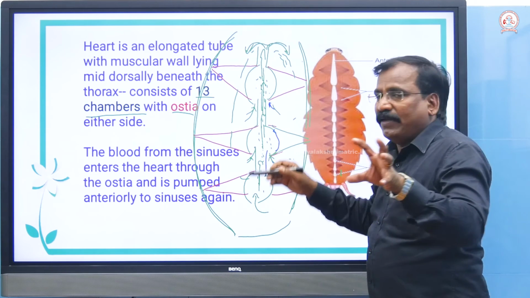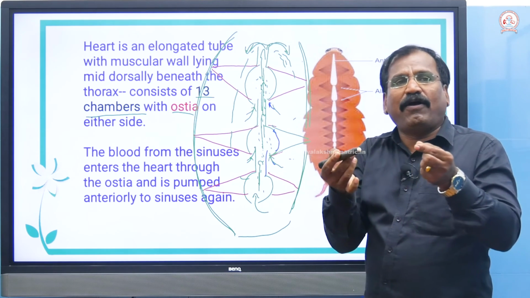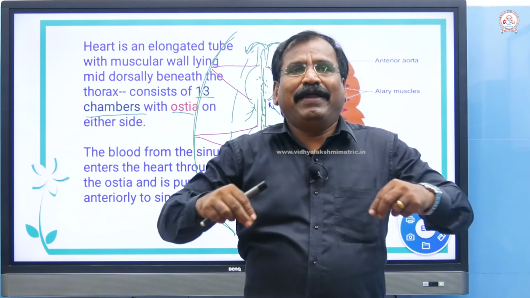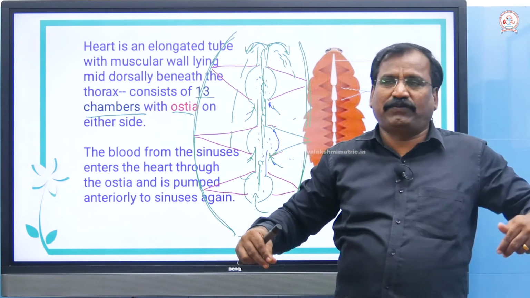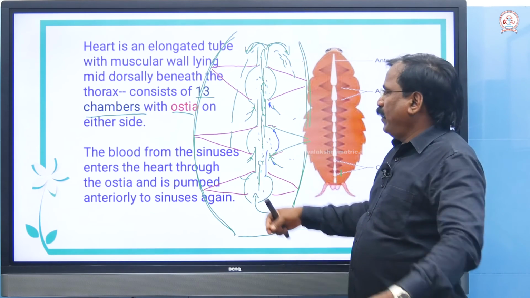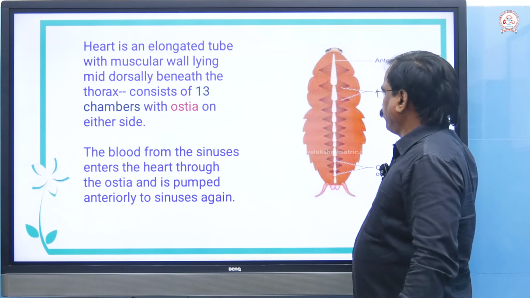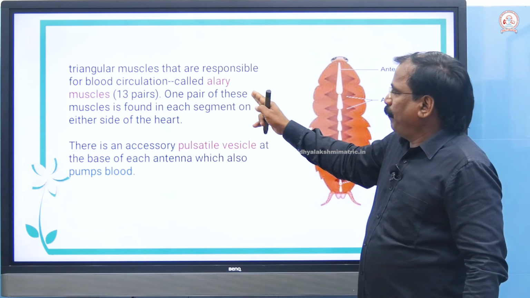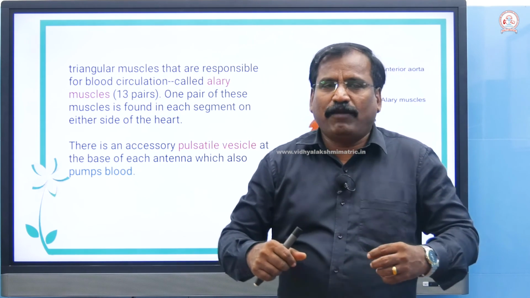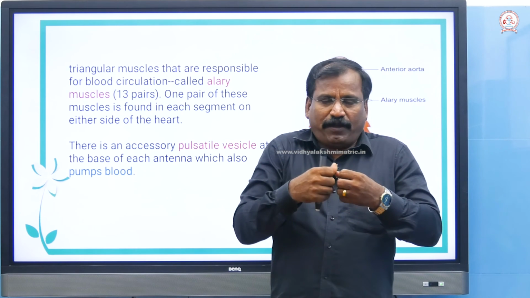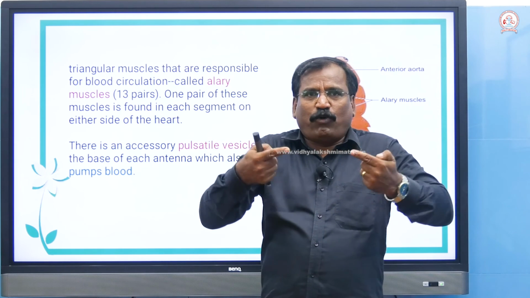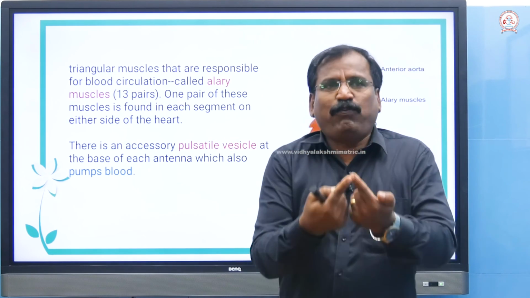and so between there is a minute opening that is called ostia, and each chamber is attached with a pair of triangular muscles called alari muscles. Alari muscles in turn are attached with the body wall. Okay, and at the time of the body movements the alari muscles pull the tubular heart chamber, so that it expands and the ostium opens, through that ostia the body fluid enters.